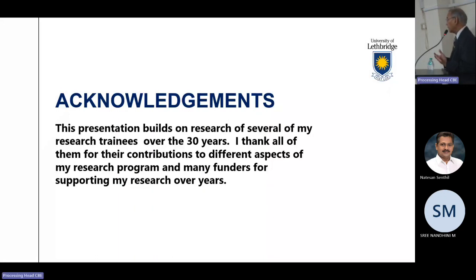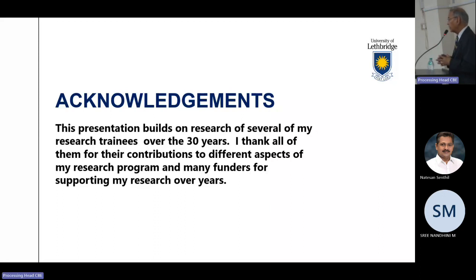Any research program cannot be successful if we don't have the funding to do that research. As Dr. Sanmugam was saying, the students' stipends have to be paid, postdoctoral fellowships have to be paid, so you have to bring in the research funding to be able to support them. That research funding came from many organizations, but in particular I would mention the Natural Sciences and Engineering Research Council of Canada.